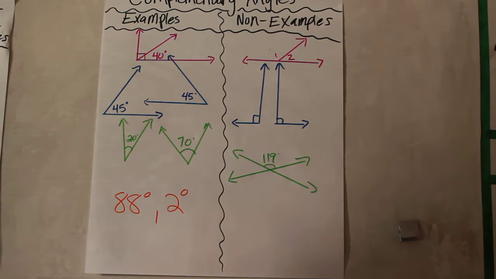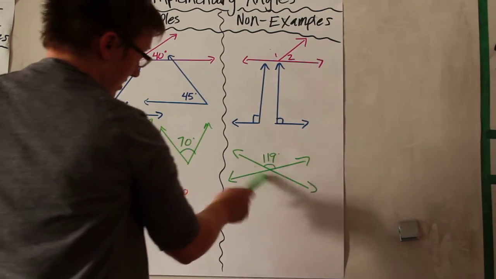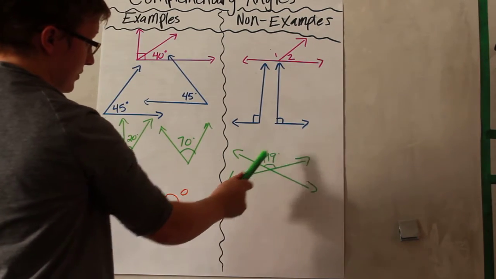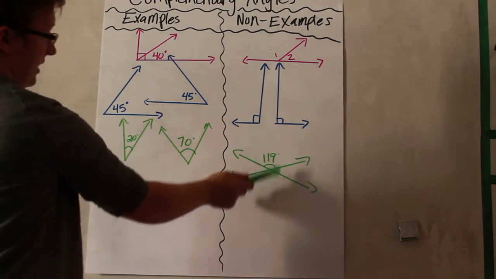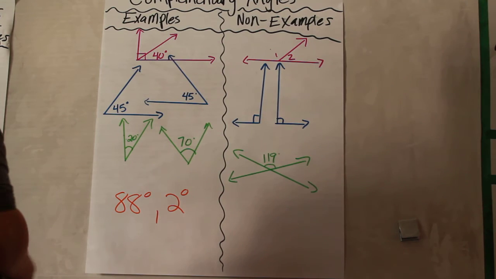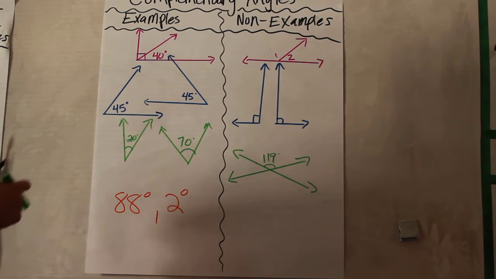So I have a 119-degree angle. I already know that that is more than 90 degrees, and there's no way that angle, or this angle, the sum of this plus this is going to be 180. The sum of this plus this is going to be 180. And if I have them across, those are either going to be less than or more than. So none of them are complementary angles.